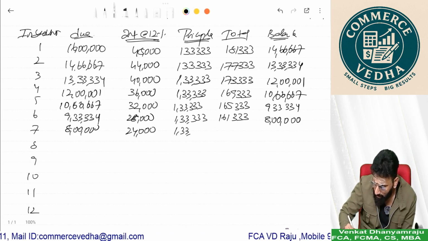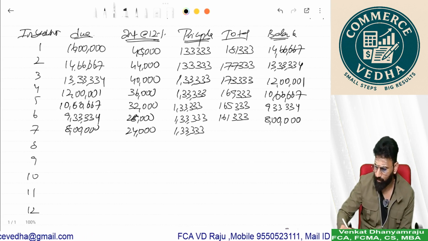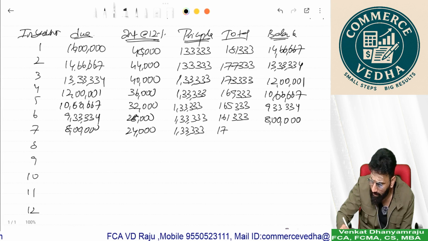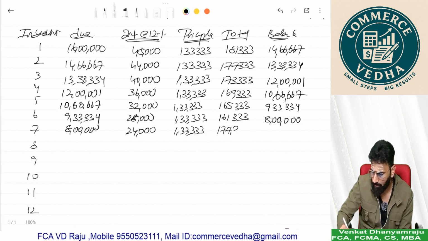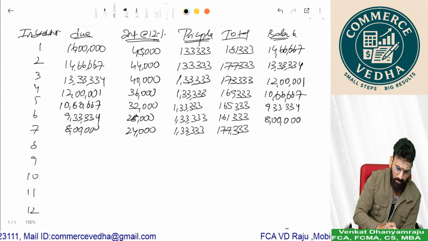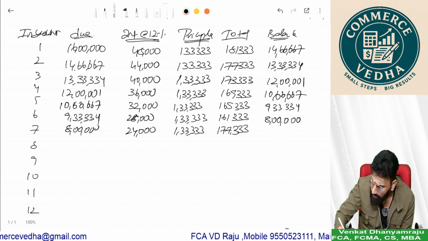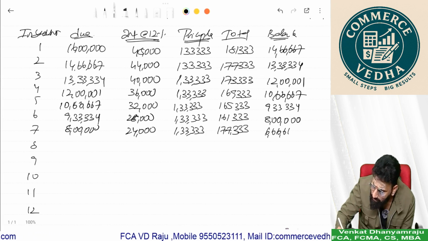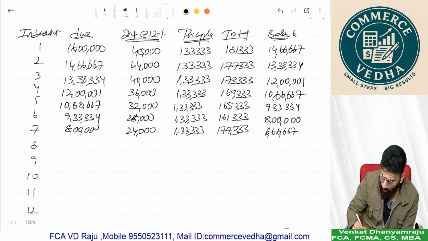Principal remains the same, so it will be 157,333. So 8 lakhs minus 133,333 is your 666,667. That should be your opening.